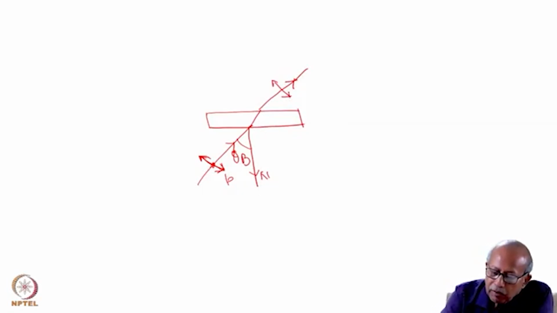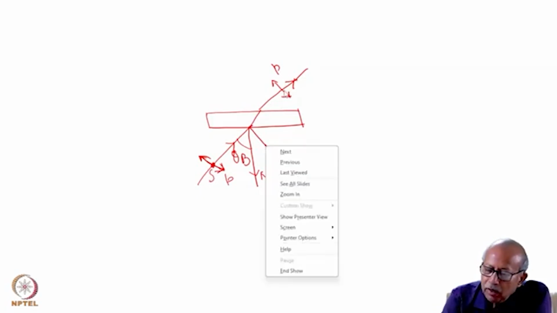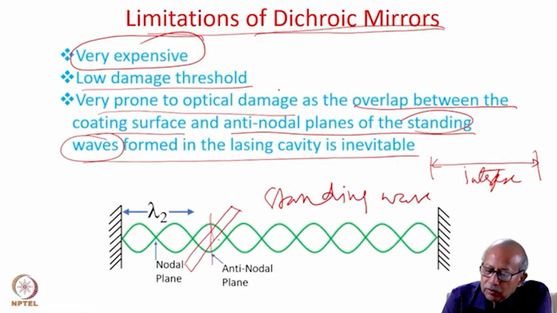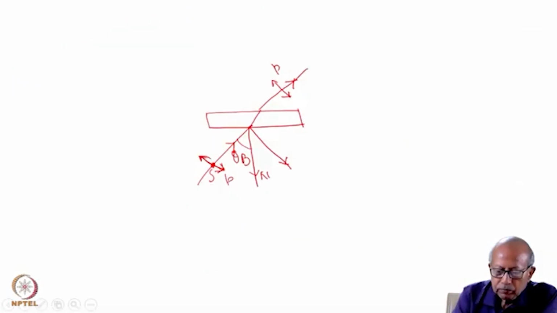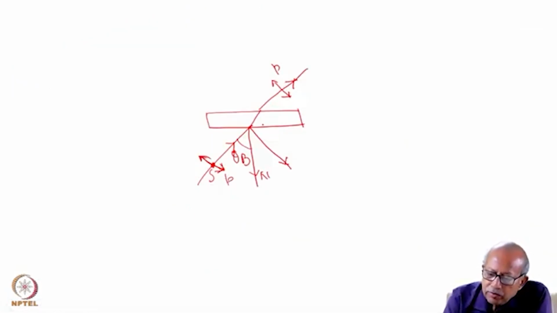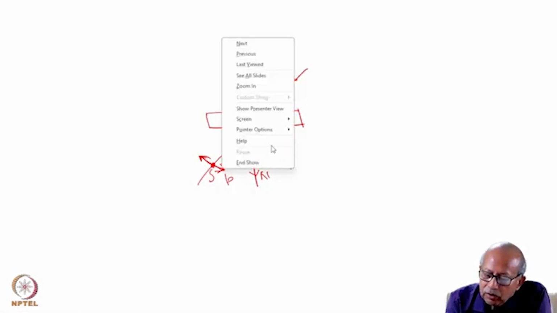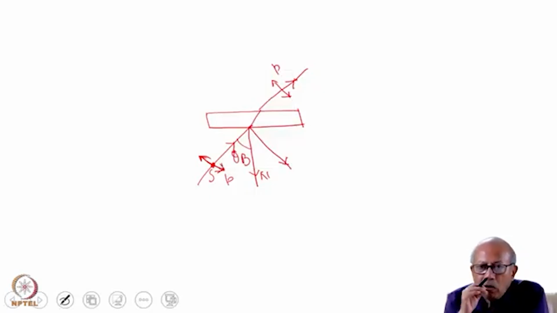The entire parallel polarization is transmitted, while the perpendicular polarization, that is the S polarization, is partly reflected and partly transmitted, while P polarization cannot be reflected at all.